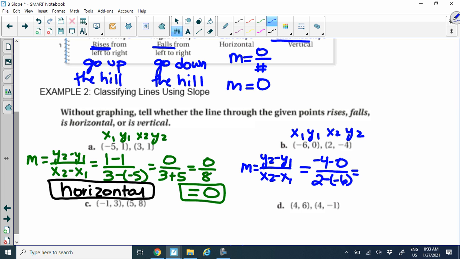So negative 4 minus 0 gives us just negative 4. And then I get 2 plus 6. So I get negative 4 over 8. We do need to simplify all our fractions, so I get negative 1/2. Notice we do get a number other than 0 or undefined, but it's also negative. So that means when it's negative, our line is going to fall.